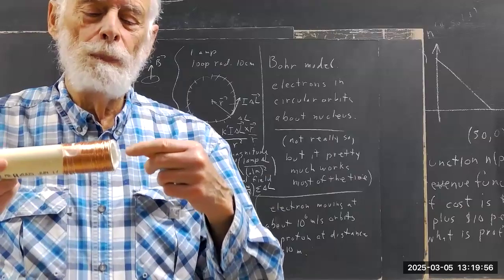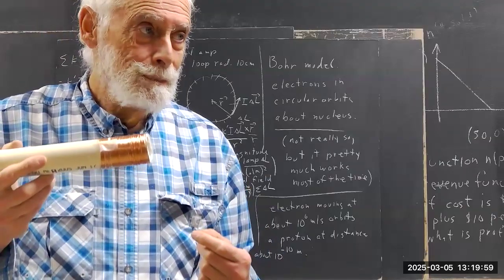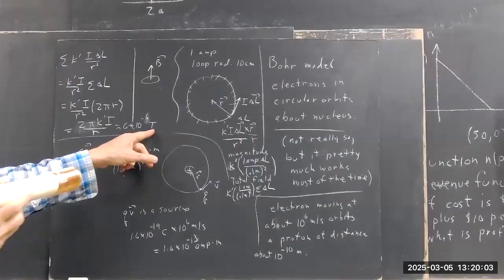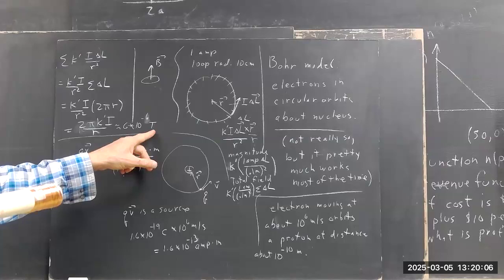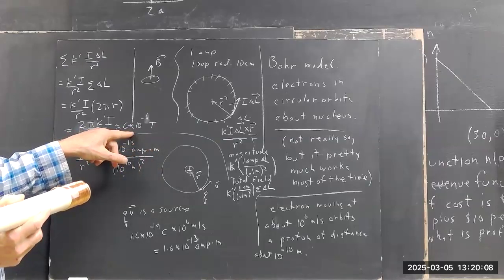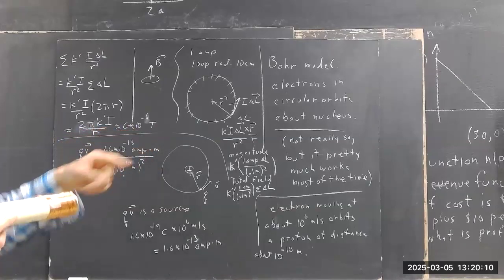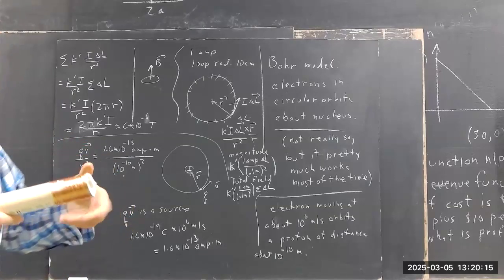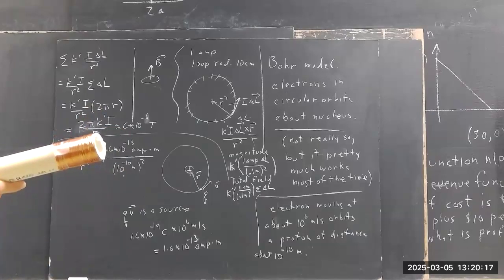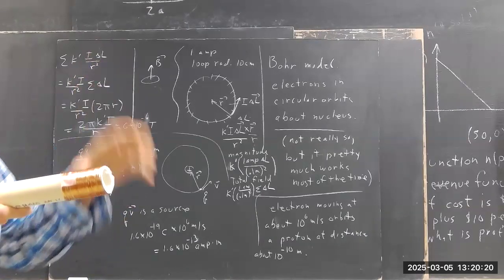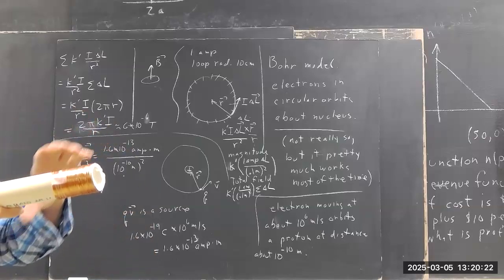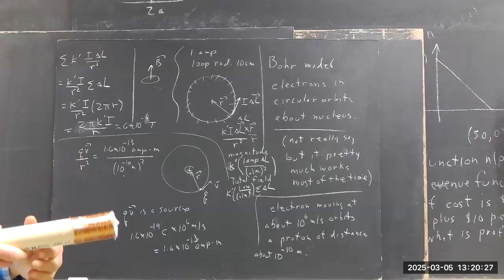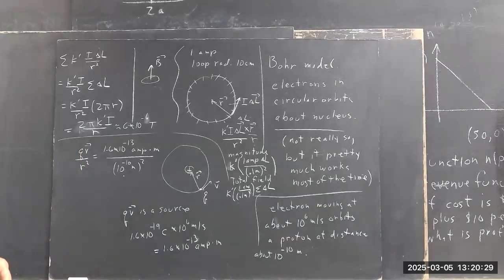Each of those loops will contribute at its center a little bigger than this, if we run an amp through there. Just consider what happens if we run 1 amp through here. We don't want to run too many amps, so we're probably going to run anything from a fraction of an amp to a few amps. We don't want to melt the wire. Wire will handle a lot of amps. Okay.